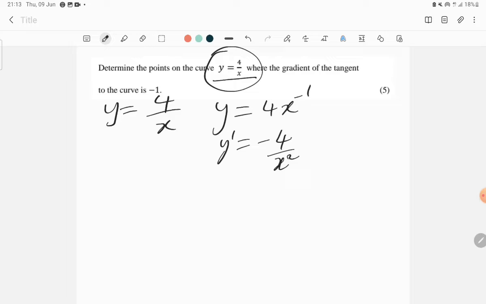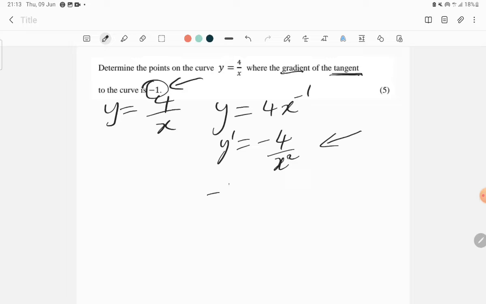Now, they are saying the gradient of this tangent. The gradient of the tangent is the same as the gradient of the curve, remember? So if the gradient of the tangent of this curve is -1, then we have to equate this gradient to -1.